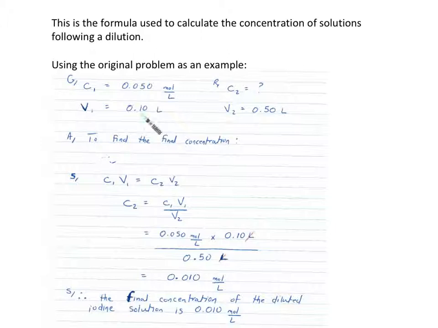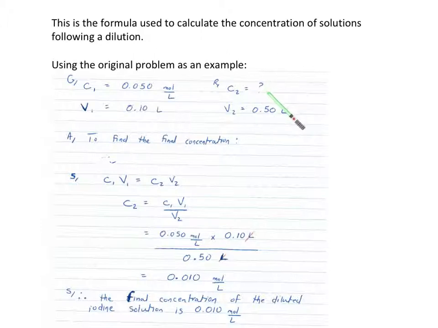So using the data from the original example, the concentration of the original solution and its volume, so the 0.05 moles per liter, and the 100 milliliters, here 0.10 liters. And we are told that the solution was diluted to 0.50 liters.